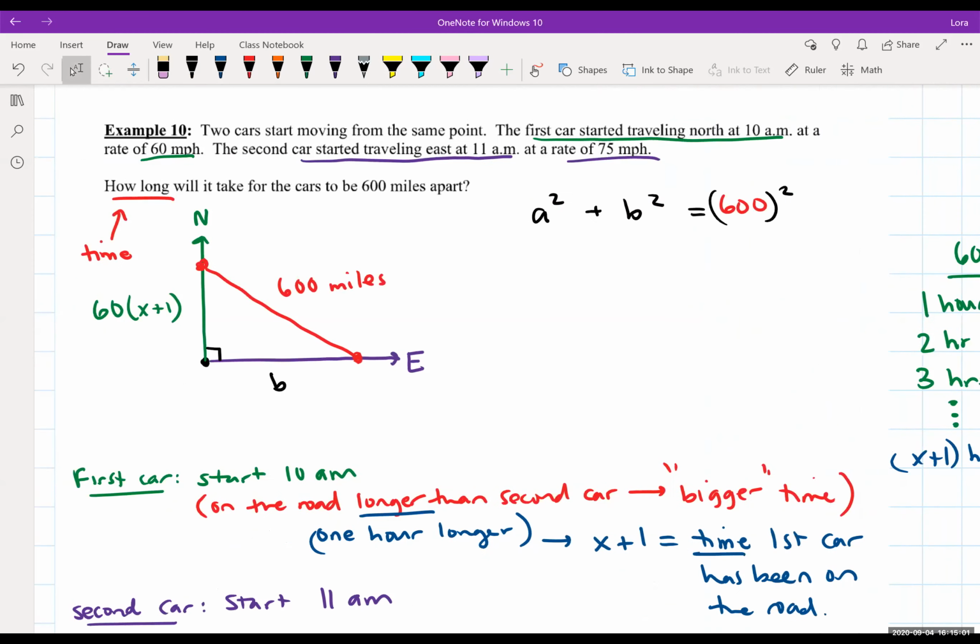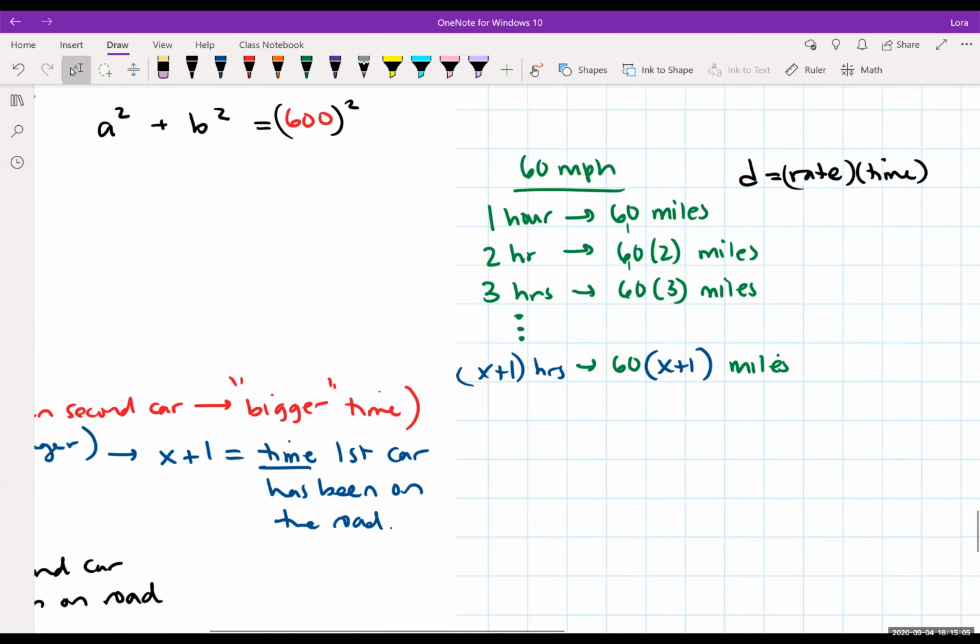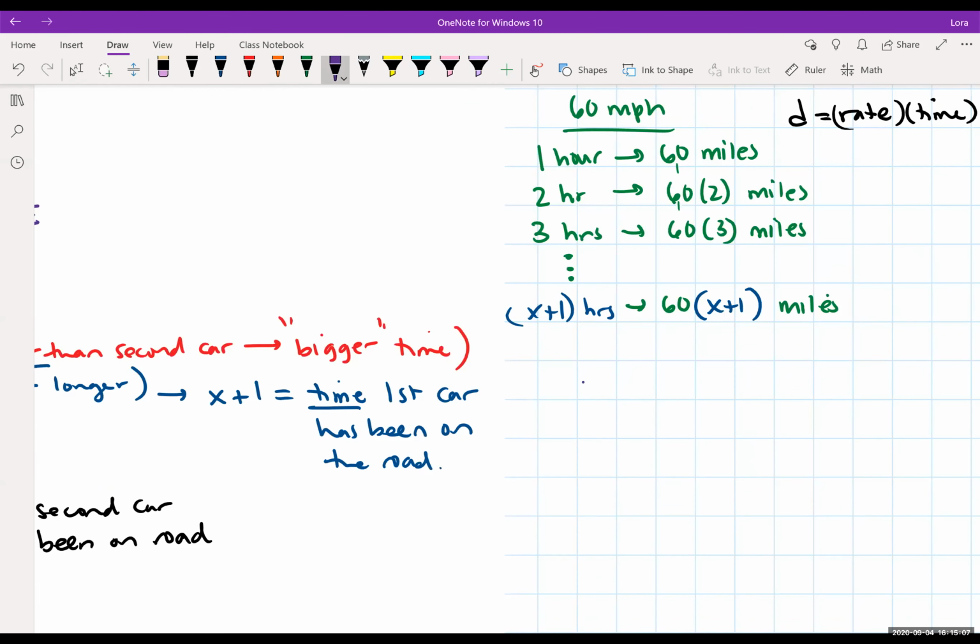So we're almost there. The same sort of argument. If we're going 75 miles per hour in the second car, you can think about proportional thinking. After 1 hour, you've gone 75 miles. After 2 hours, you've gone 75 miles the first hour, 75 miles the second hour.